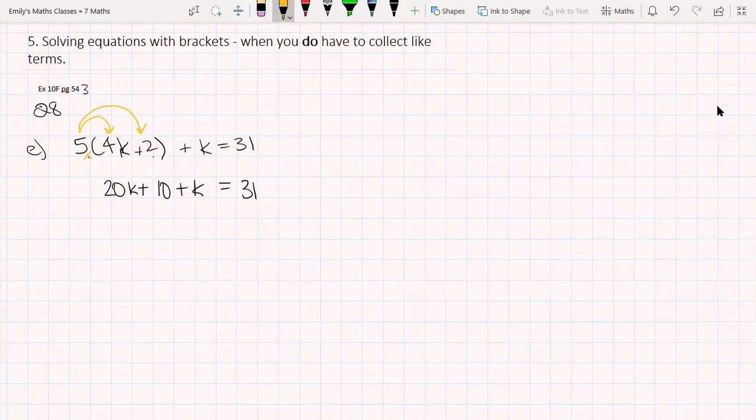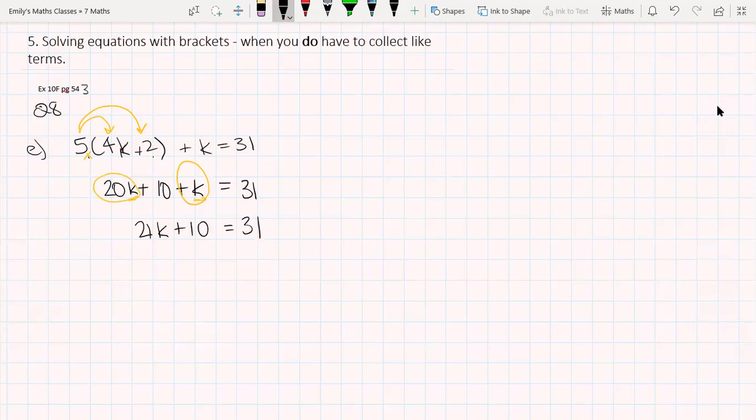We have some terms here that can come together. Like terms have to have the same pronumeral part. This has a K, that's got a K. These terms can come together. Now remember, the sign in front is the one that's connected to it. So if we've got 20K plus another K, that is actually 21K, plus the 10 is equal to 31.